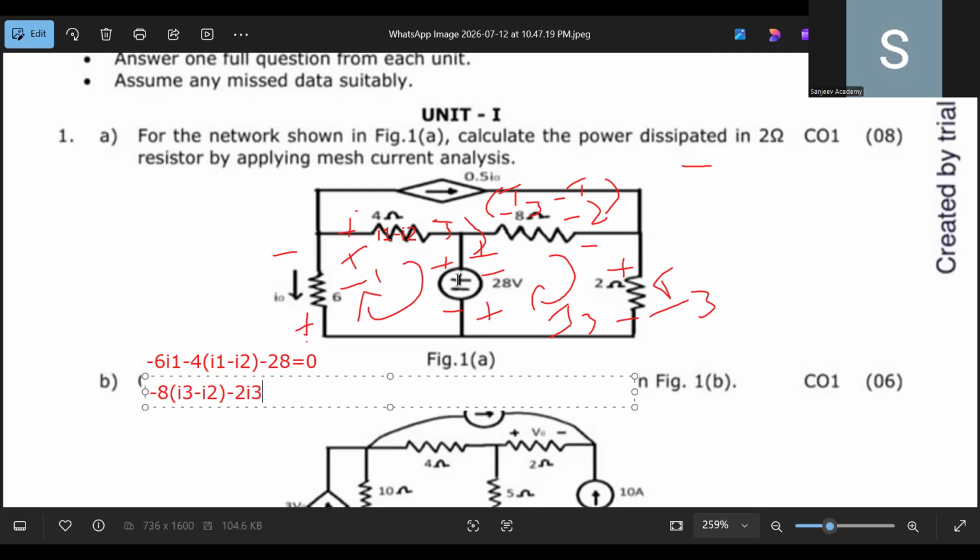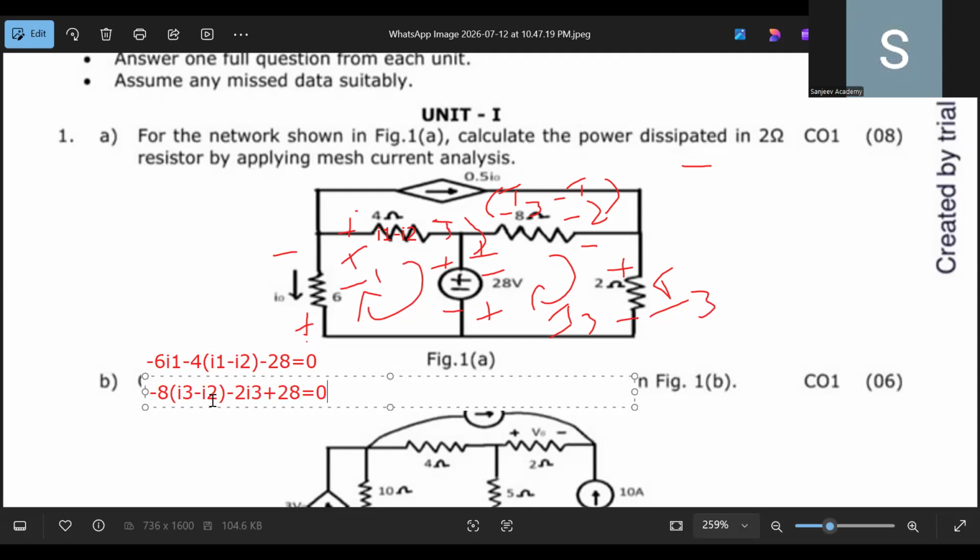But you can see the symbol of the polarity here. Plus 2, but this is plus minus here. Opposite, right? So minus, plus to minus is minus, but here the symbol of 28 is plus minus, opposite polarity. So minus plus. So plus to minus is minus. So minus plus 28 volt is equal to 0.